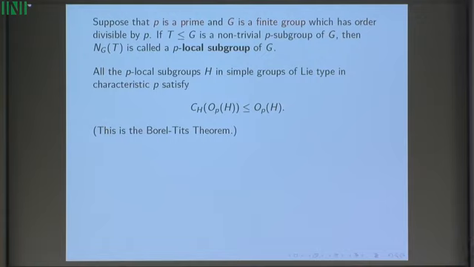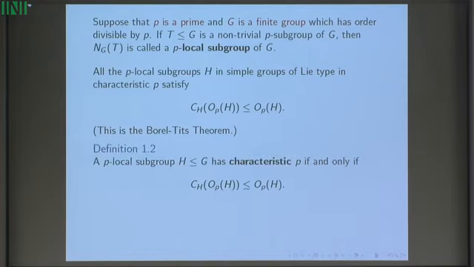But this is our property that we isolate as one that seems to be a giveaway property for being a group of Lie type in characteristic P. And so we just say a p-local subgroup H has characteristic P if and only if it satisfies this condition that is like the condition satisfied by a group of Lie type in characteristic P.